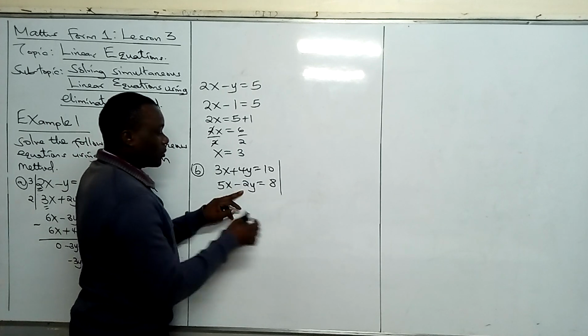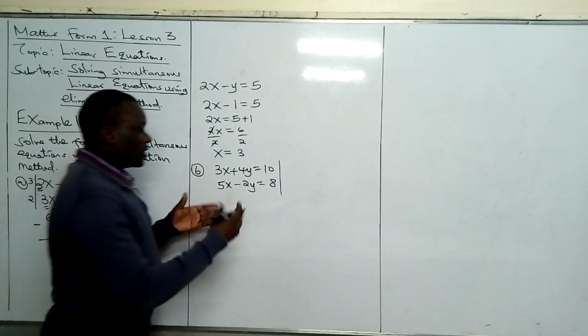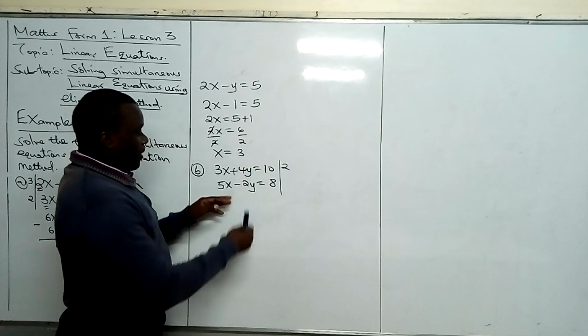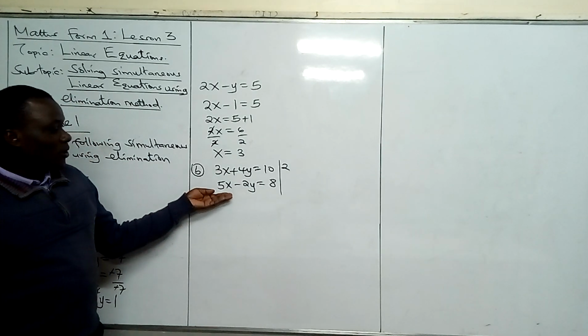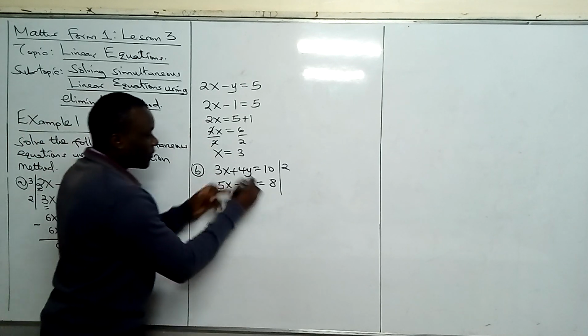In this case, it is 2. That's minus 2, we can take 2 only and leave the minus, so we can say times 2. Then we multiply the second equation using the coefficient of y from the first equation, which is 4.